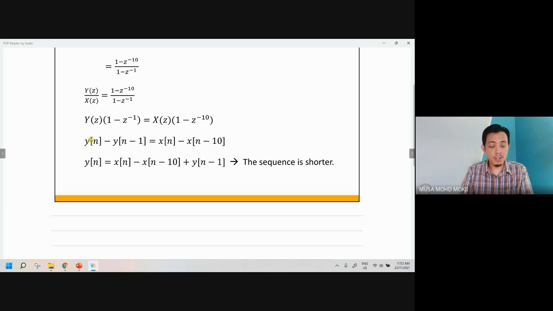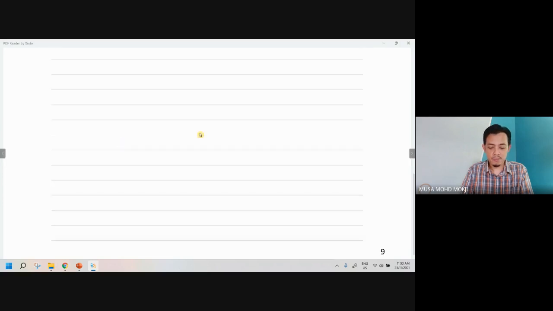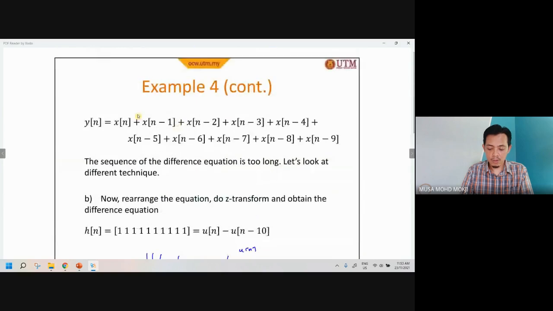Compared to the previous, what we needed was 9 summations: 1, 2, 3, 4, 5, 6, 7, 8, 9 summations. And then you need RAM, a memory to place these values: 1, 2, 3, 4, 5, 6, 7, 8, 9, 10.